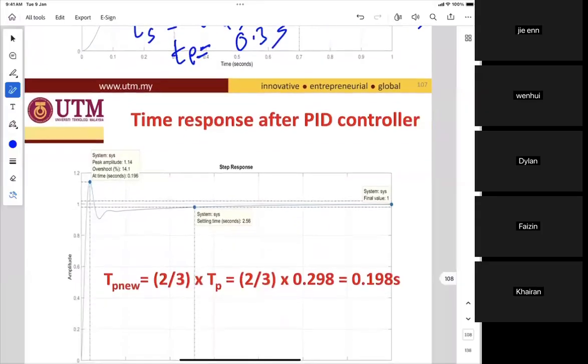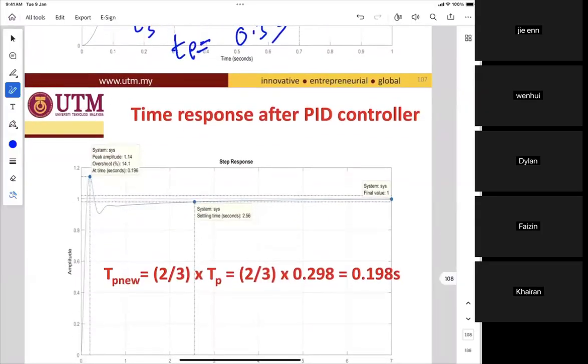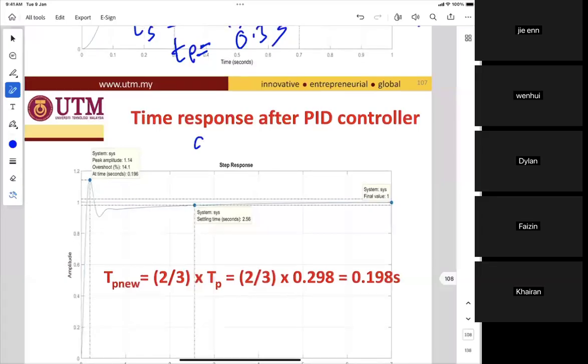Then we get the time response after PID controller, after compensated. So after compensated, what is the steady state error?